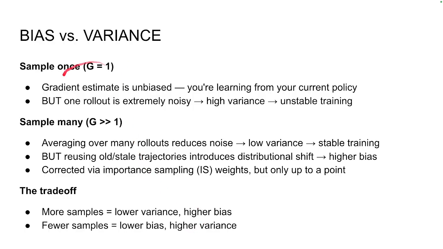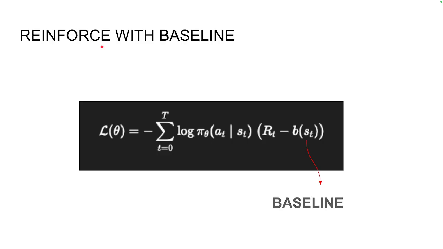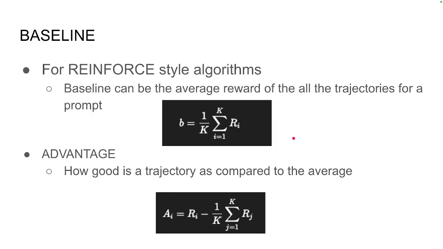To mitigate this bias versus variance trade-off, in REINFORCE we generally subtract a baseline from the reward. As we have seen earlier, this is the sum of the log of the probabilities, and we multiplied it with the reward. But now, in addition to the reward, you'll also provide a baseline. So what is this baseline?